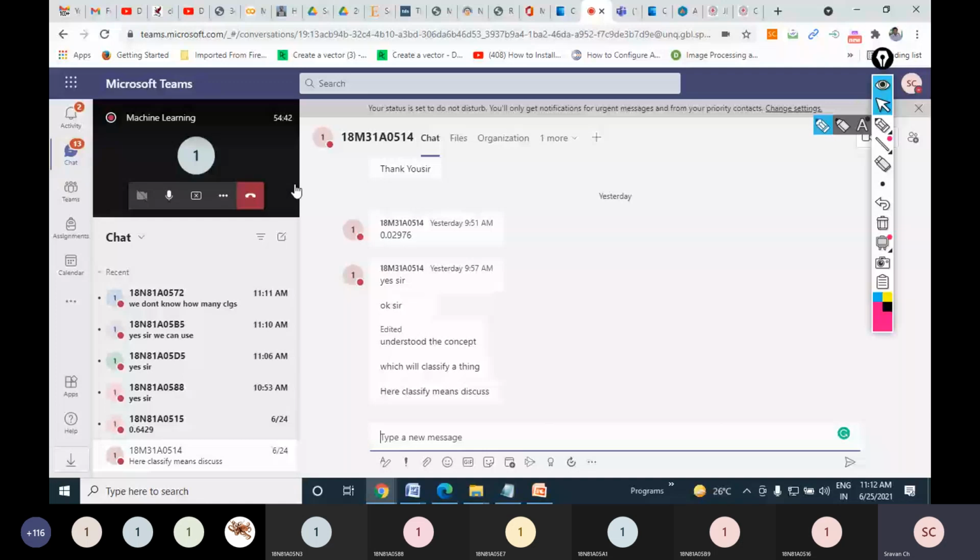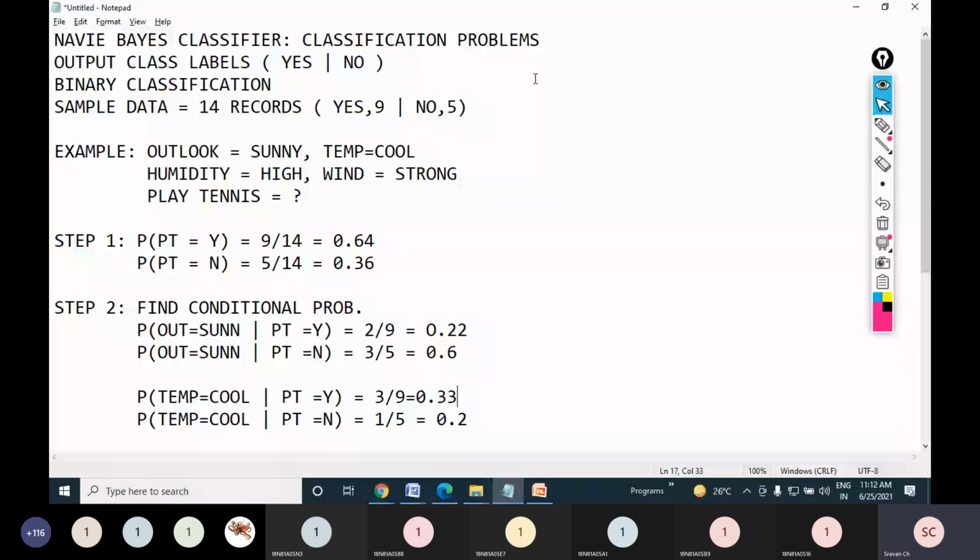We can apply. What will happen is, see here, in this problem, how many classes we had? We had only two classes, yes and no, right? Just imagine I may have another class. Let us say yes, no, maybe. Just imagine there is another class called maybe, right?